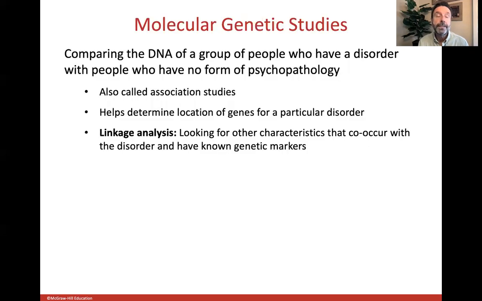Twin studies are important, obviously, because identical twins have the same genetic material, and we want to see how much of their mental illness or disorder comes from nature, genetics, or nurture, how they were raised.